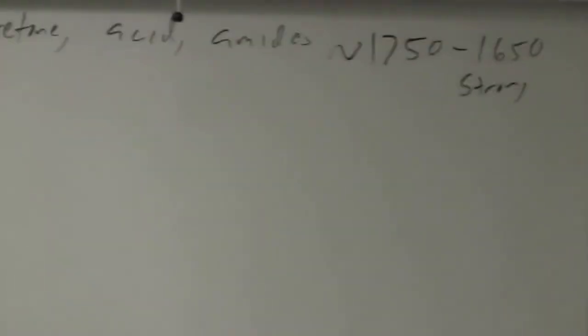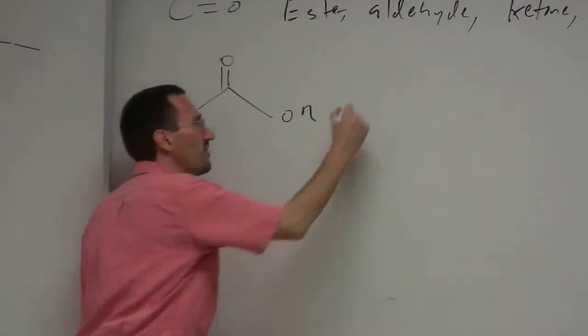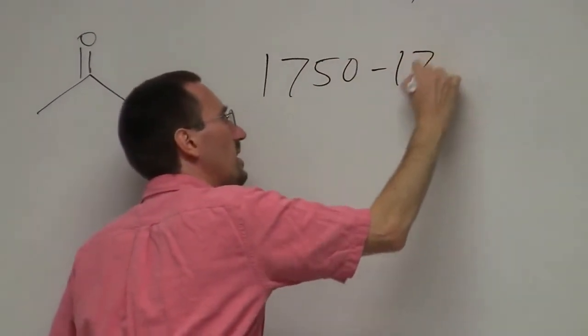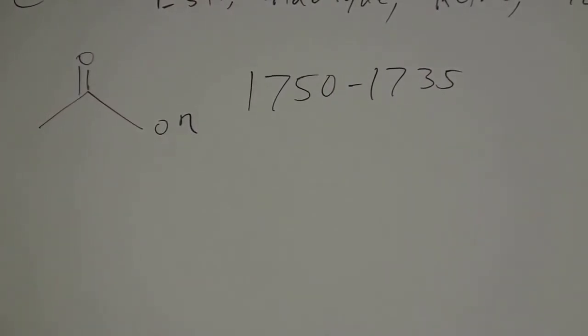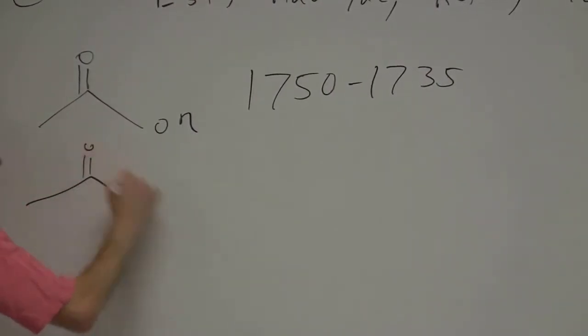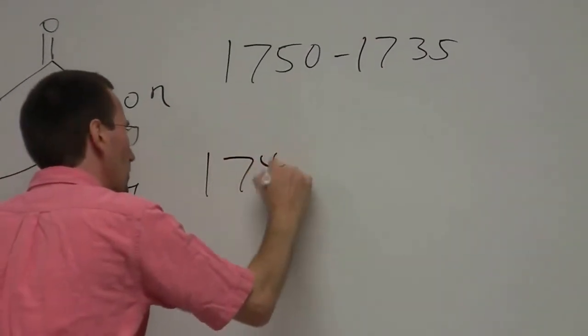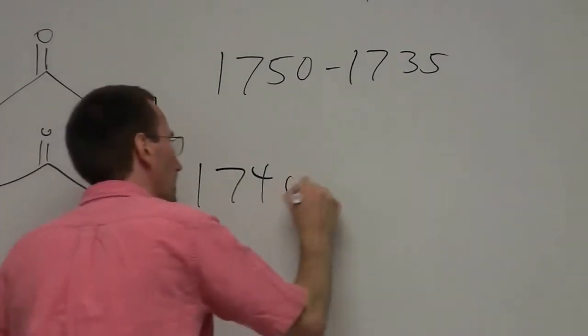So esters, generally, we're talking about 1750 to 1735 if there's nothing to perturb it, like conjugation or strained rings. Aldehydes, in general, we're talking about 1740 to 1720.